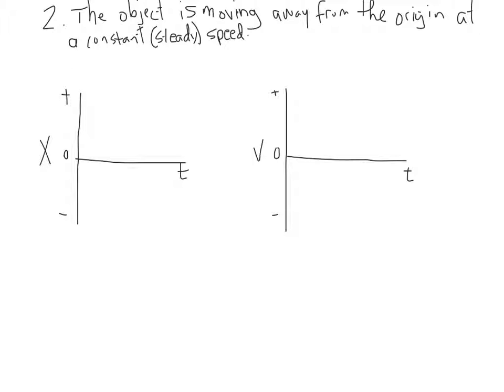So with that being said, the only ways we can draw our lines here and be a constant, steady speed, which remember translates into constant slope. If it says constant speed, they mean constant slope on an xt graph. So what does a constant slope look like on an xt graph?